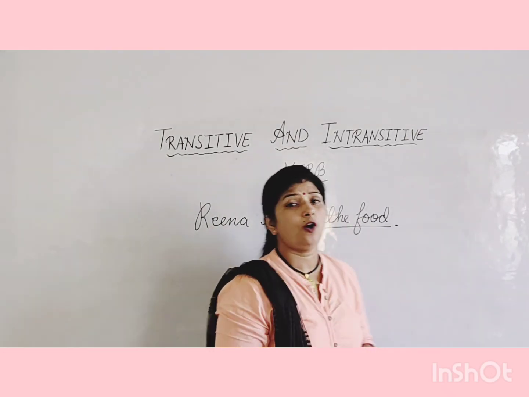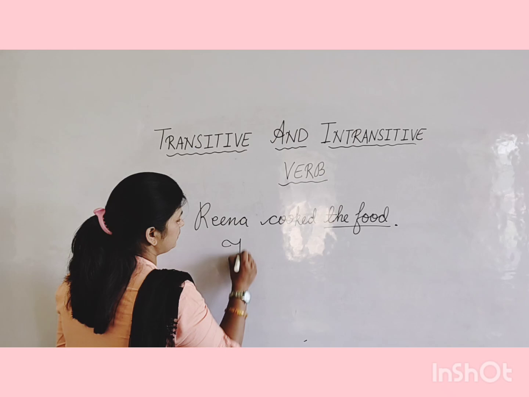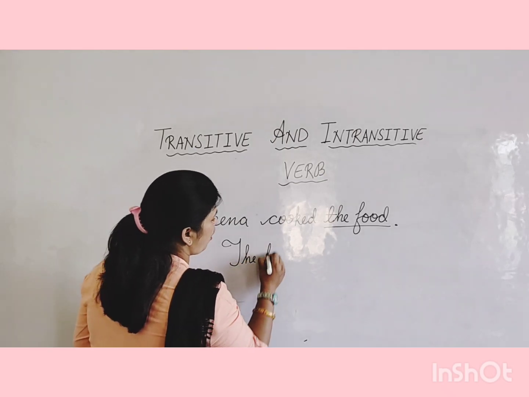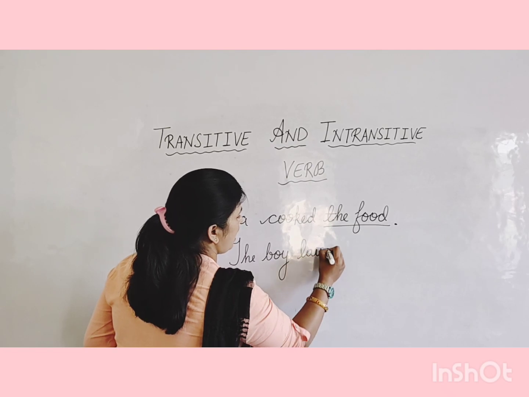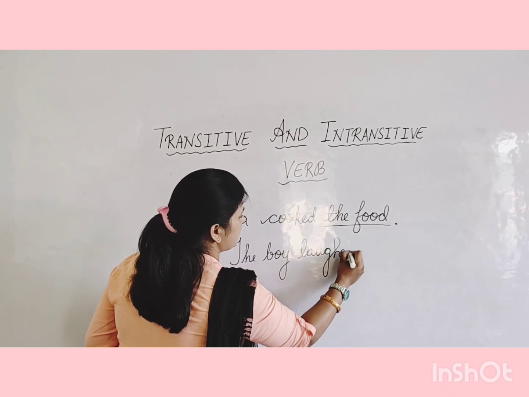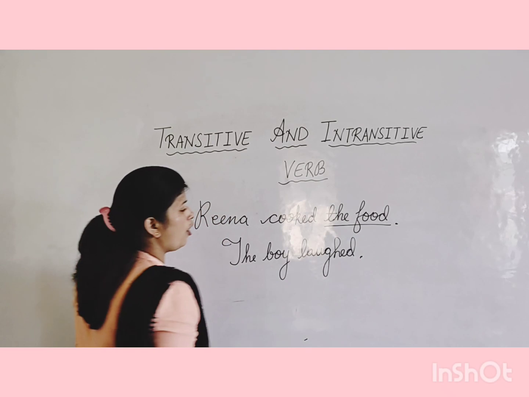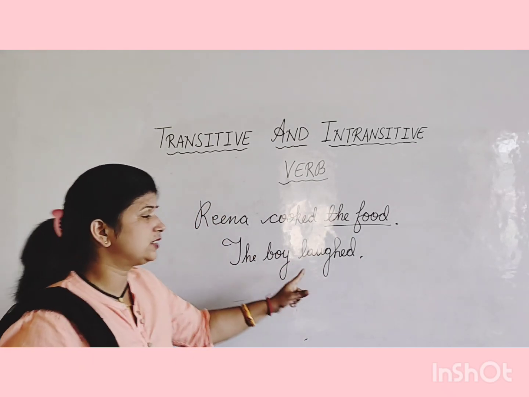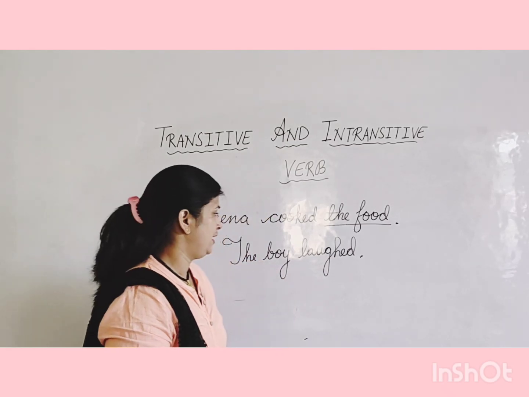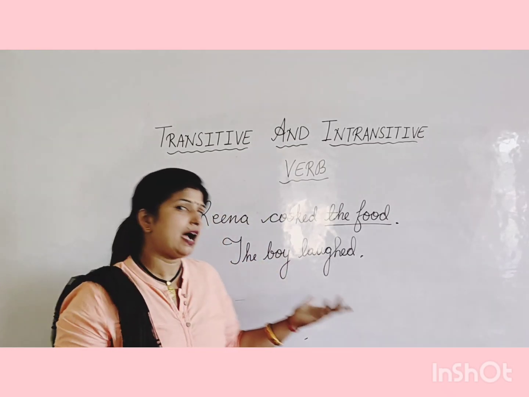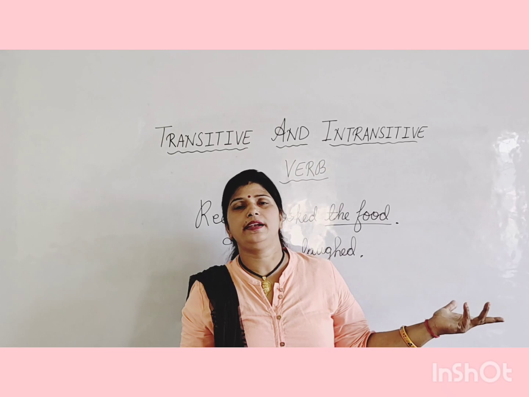My dear children, now if I say that the boy laughed. In this statement, do you think an object is required or not? Here you can see that the boy laughed.